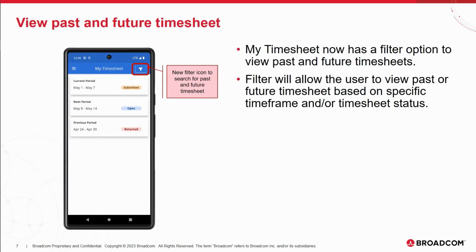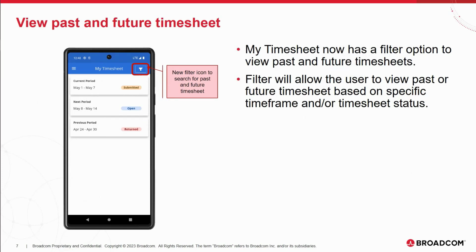When going into the My Timesheet part of the mobile app, the users in the old releases would see the current period, next period, previous period, and under previous period they would have seen basically the ability to see all past time periods.